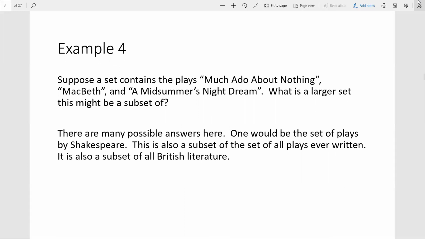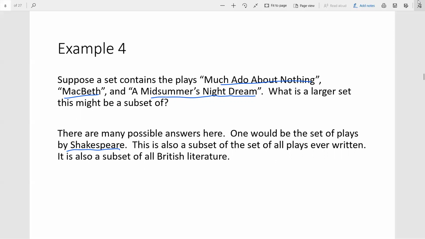Example 4. Suppose a set contains the plays Much Ado About Nothing, Macbeth, and A Midsummer Night's Dream. What is the largest set that they might be a subset of? There are a lot of answers to this. It could be the set of plays by Shakespeare, which were quite many.